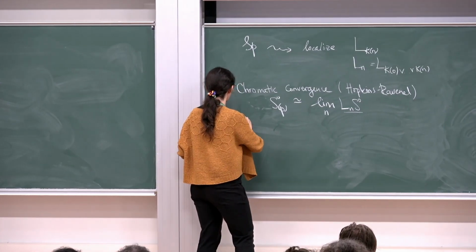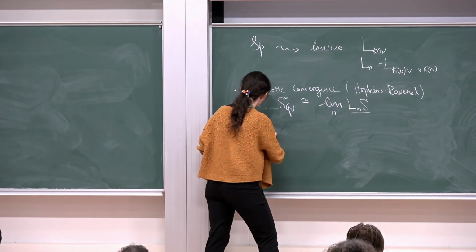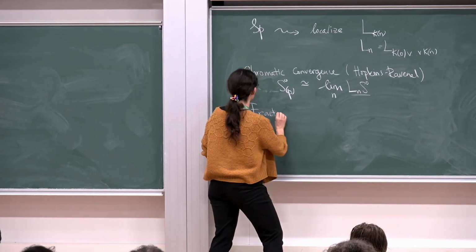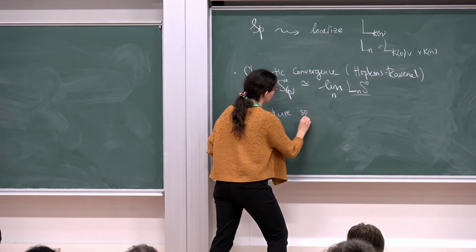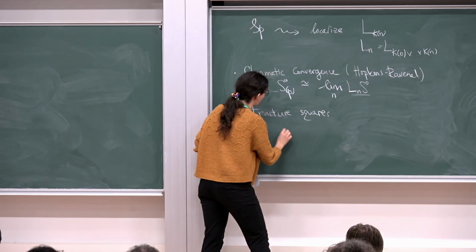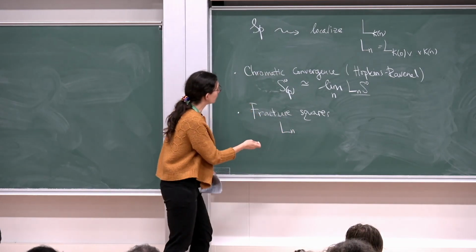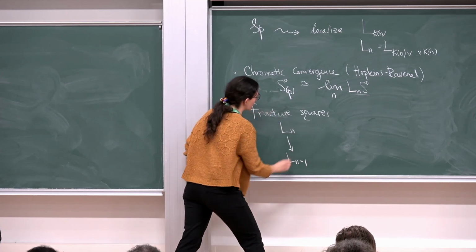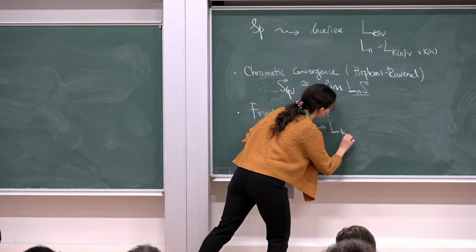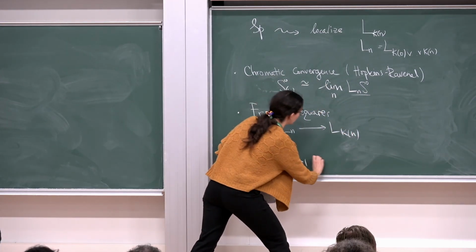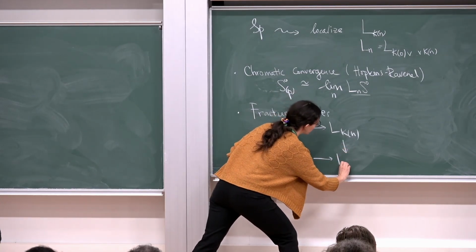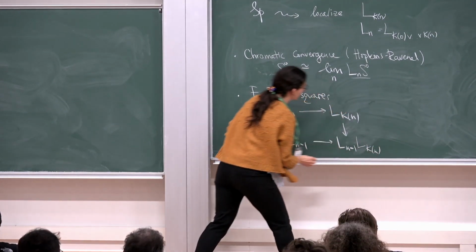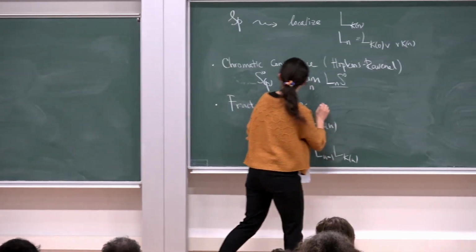One way to do that would be to look at these fracture squares. Let's say they inductively build Ln from L_{n-1} and the Kn localization. And they're glued along the n-1 localization of the Kn localization, so this is a pullback square.